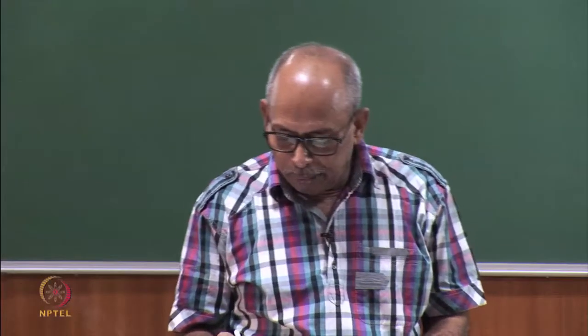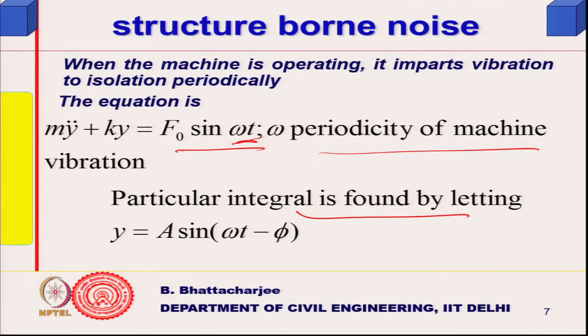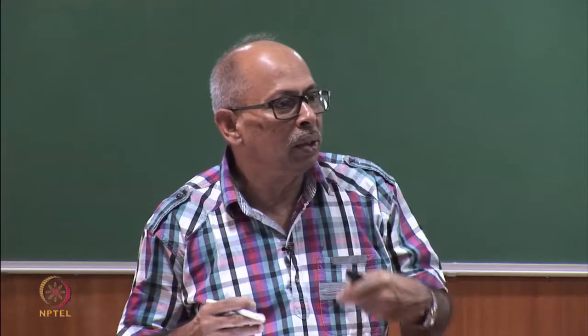and this you can solve through the particular integral, you know. So, y is equal to, this will be the particular integral for this specific case, a sin(omega t minus phi), because it has to be a sine or cos function, or something like an exponential which will repeat itself.